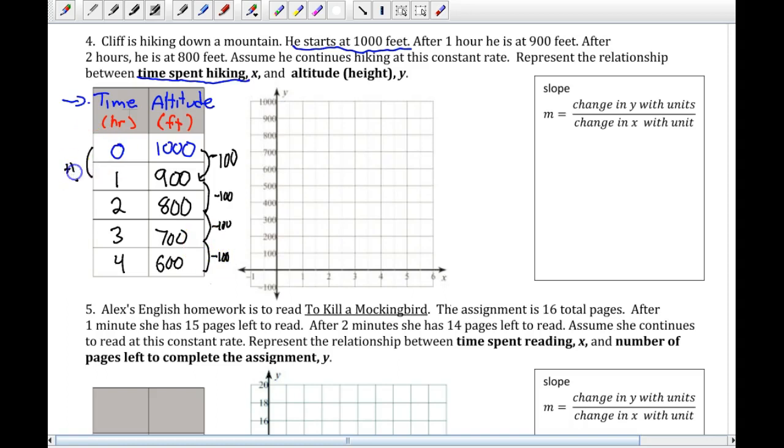So these are all still going up by 1. Hours are counting up while the elevation is going down. So it makes sense. You're going down the mountain, so the elevation should be going down. So we're starting at 1,000 feet. And after 1 hour, we're down to 900. 2 hours, we're down to 800. And just like you're able to on the table, you're able to on the graph, just go ahead and complete it.